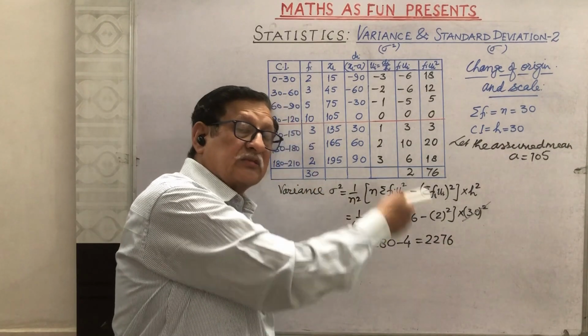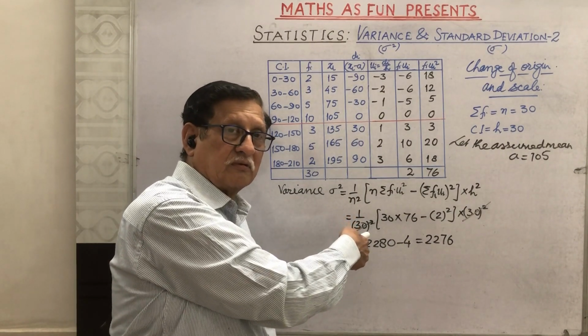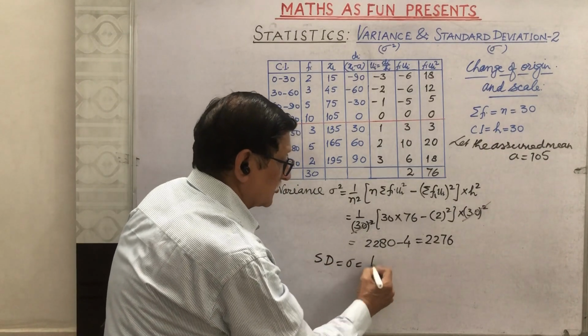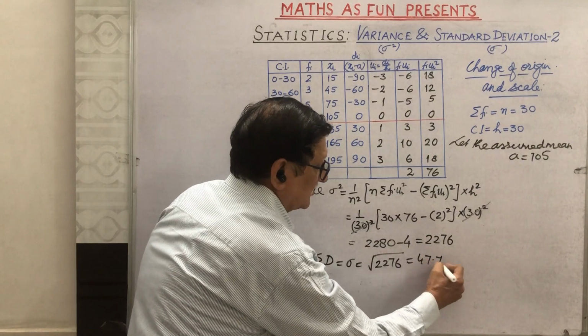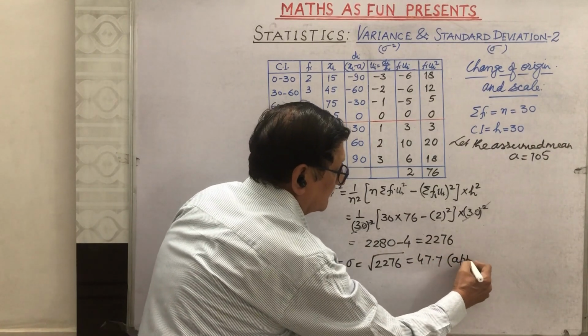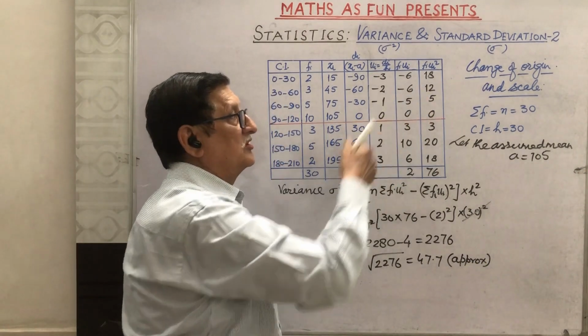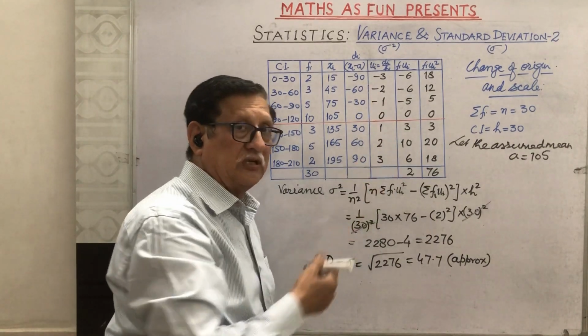So we are finding the same value as we obtained earlier. And then standard deviation sigma is root of 2276, which is approximately 47.7. Like this, by changing the origin and the scale, we find the calculations become easy.